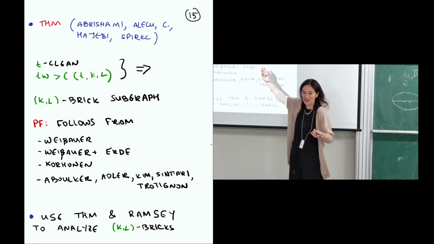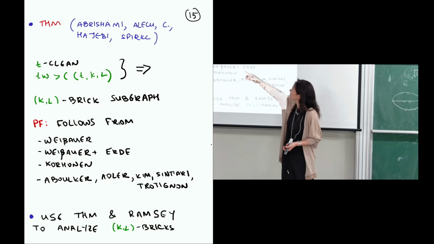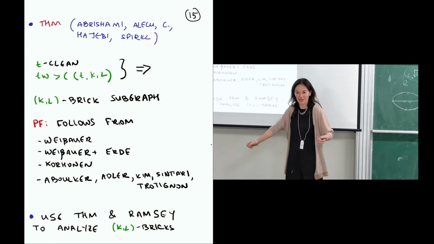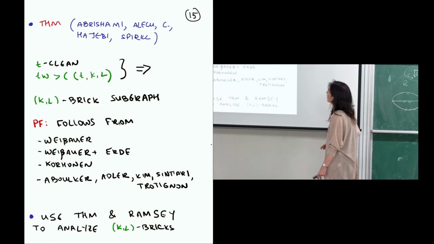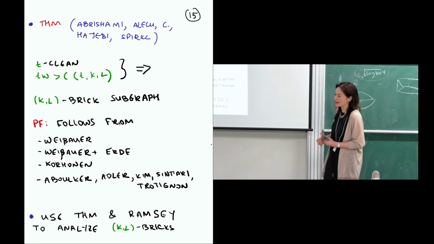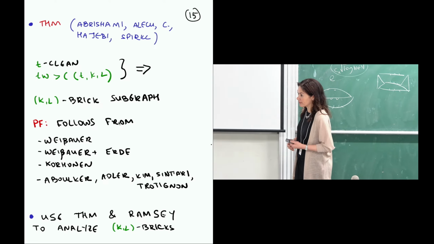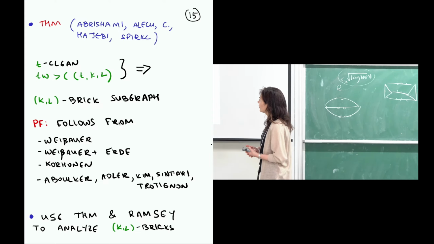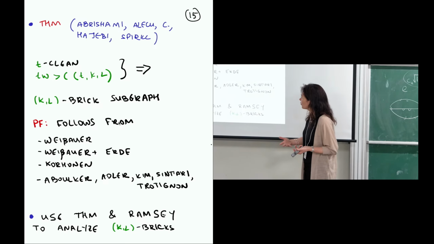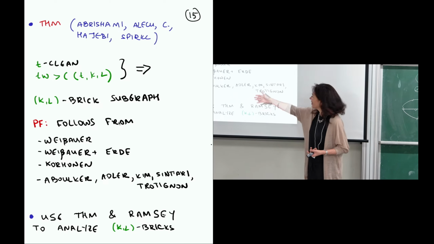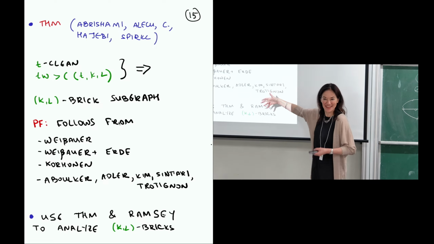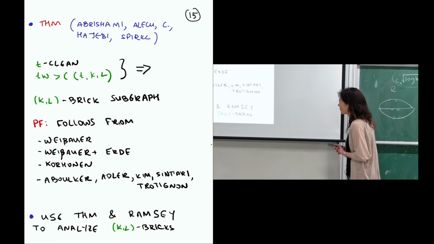Fix your favorite K and L, and then there's some treewidth that depends on T, K and L, so that if your treewidth is bigger than that, then you contain a KL brick. So T-clean was no T-basic. Yeah, that's right. And let me not tell you the proof, but somehow you take all of these results that people proved and then you put them in the right place.